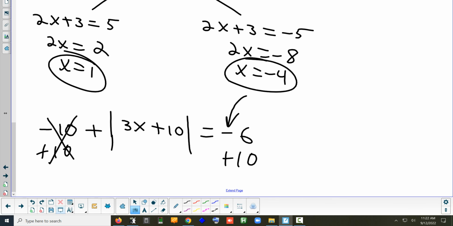So don't look at the right-hand side and say, oh, it's negative, I can't do it. Is the absolute value isolated and it's equal to a negative? Okay, then you can't do it. But if the absolute value isn't isolated, maybe when you isolate it, it'll turn into a problem that you could do. Any questions on that?